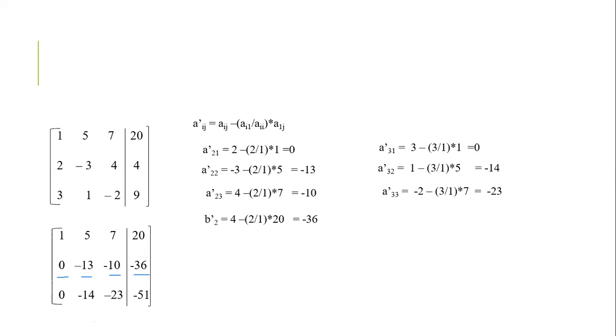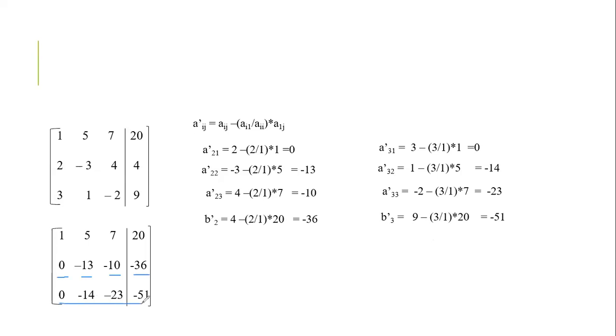You do the calculation: -2 minus 21, which is -23. And then finally we have 9 minus 3/1 times 20. That will give us 9 minus 60, which is -51. So that gives us the next operation as well.